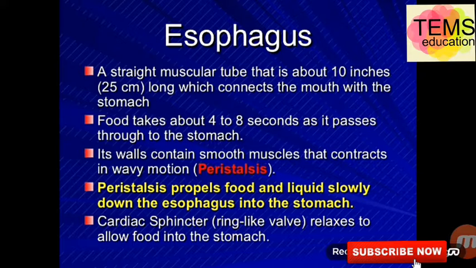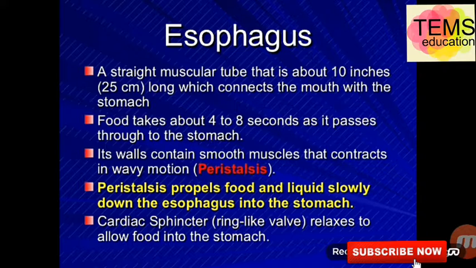From the mouth, the food goes to the esophagus, and once you begin swallowing, the process becomes automatic. Your brain signals the muscles of the esophagus, and peristalsis begins. The esophagus is a straight muscular tube about 10 inches or 25 centimeters long, which connects the mouth with the stomach.